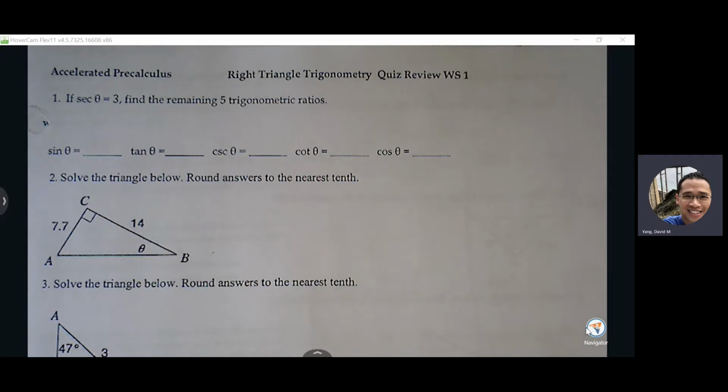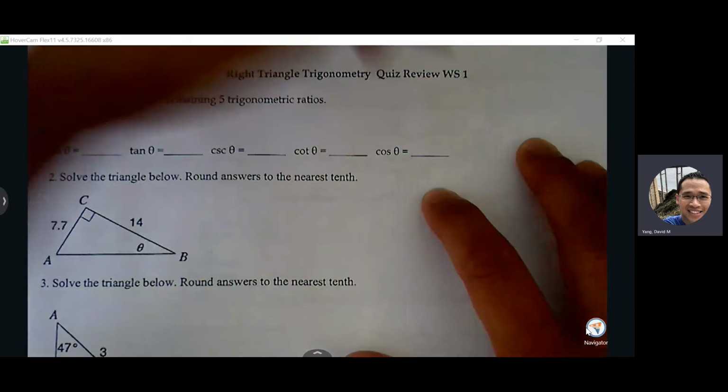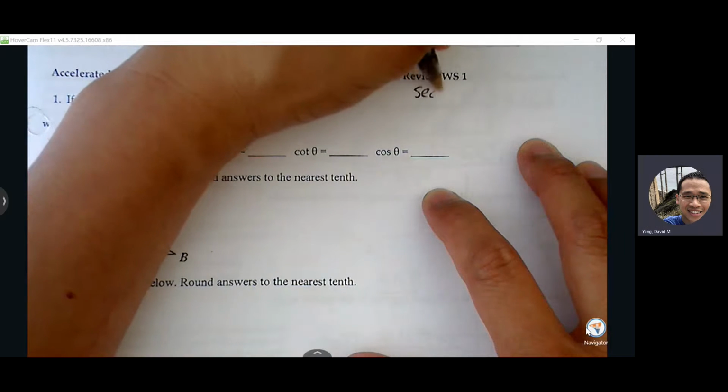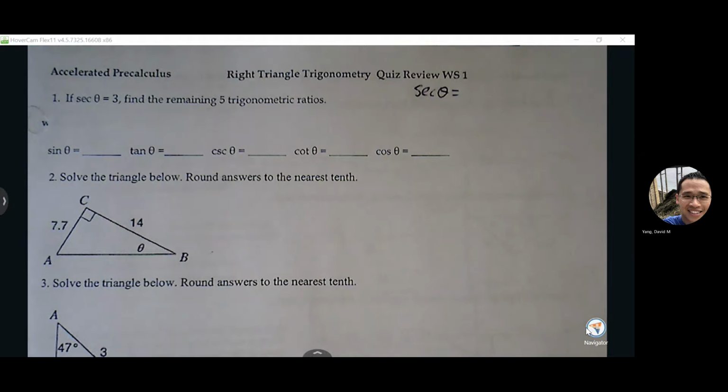All right, if secant of theta equals 3, find the 5 remaining trig ratios. So what's the ratio for secant? It's the reciprocal of what? Sine goes to cosecant, cosine goes to secant.